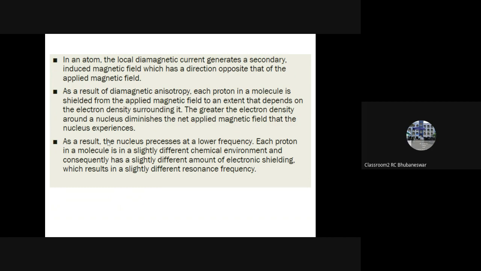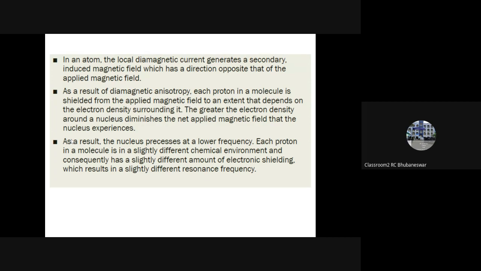As a result of diamagnetic anisotropy, each proton in a molecule is shielded from the applied magnetic field to an extent that depends on the electron density surrounding it. The greater the electron density around the nucleus, the more this diminishes the net applied magnetic field that the nucleus experiences.